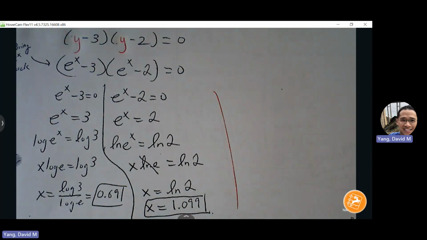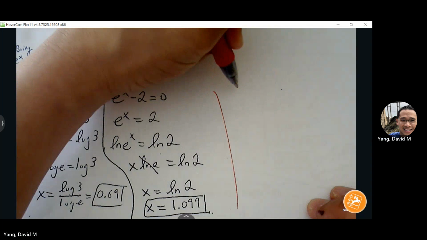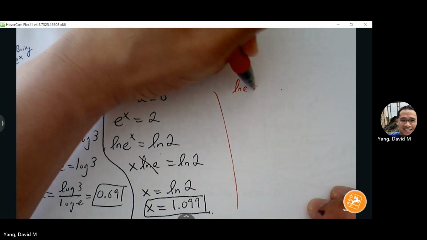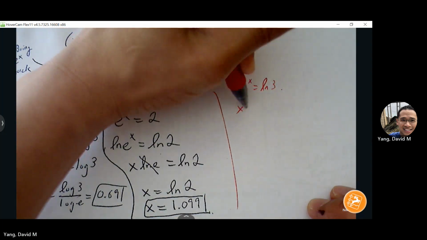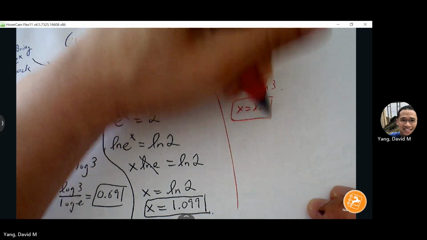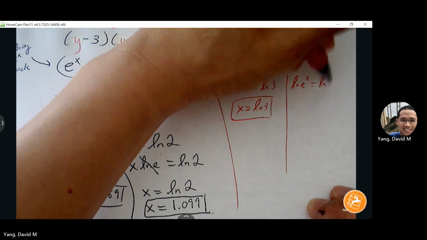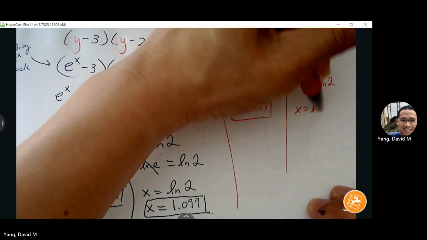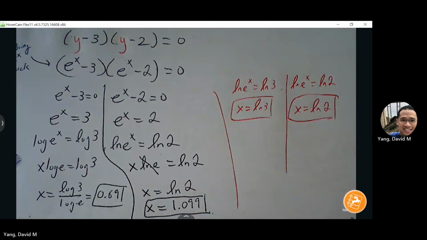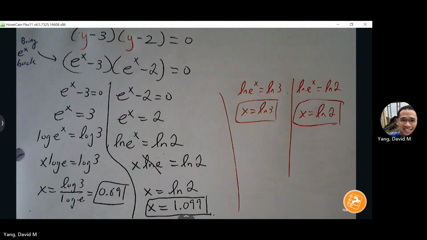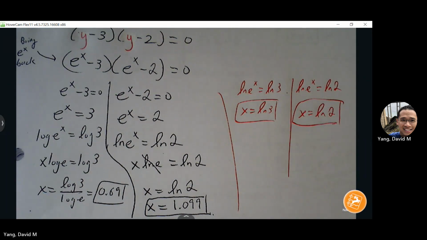I could definitely do it this way as well. No need to double check with your original equation because it's not a log equation. Exponential equations are fine.